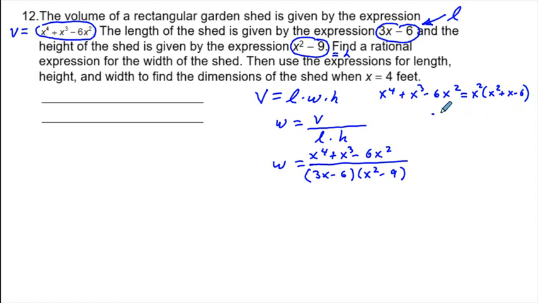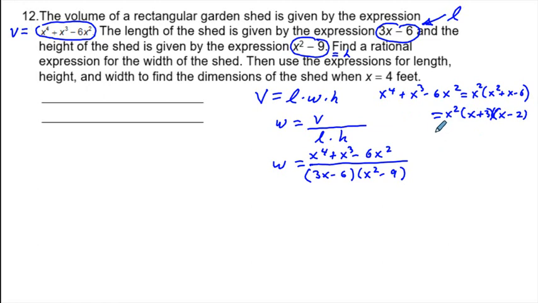And that can be further factored into x squared times quantity x plus 3 times quantity x minus 2. So that's going to be our factored form of our numerator here.